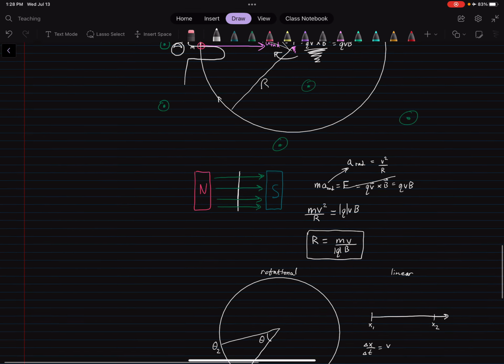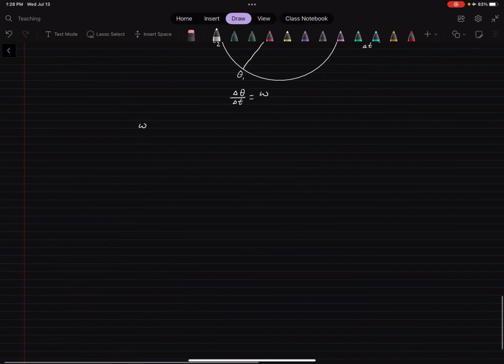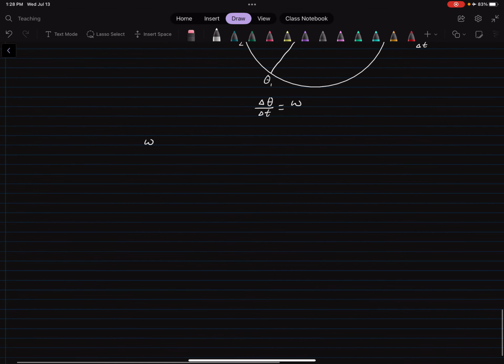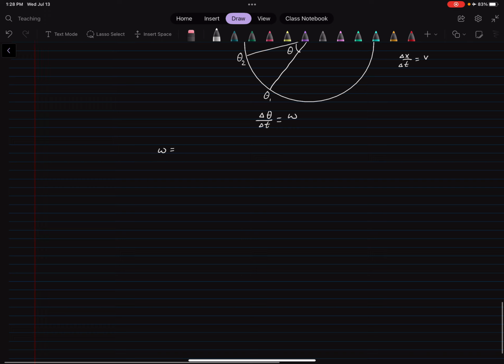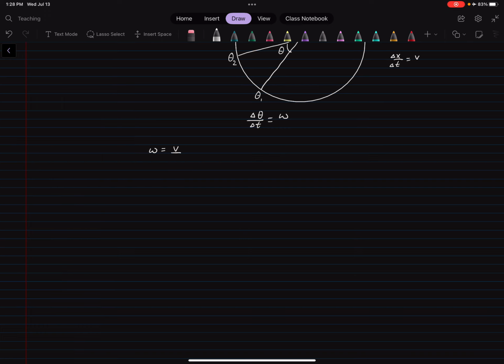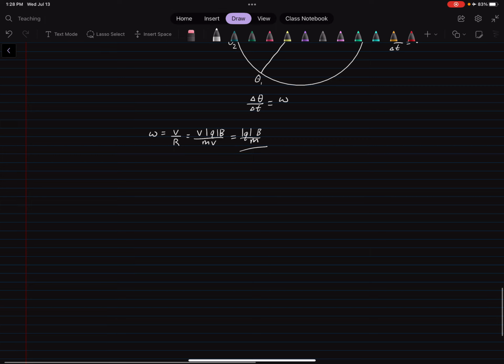So omega, we know from uniform circular motion in mechanics, is equal to v over r, which in this case is v q B over m v, or in other words, qB over m. So omega is equal to qB over m. You'll need that for some other problems.